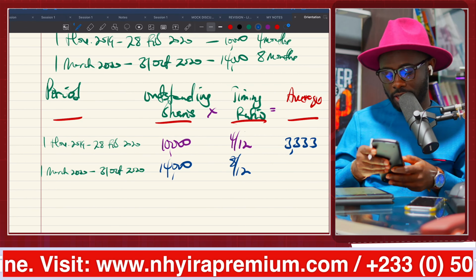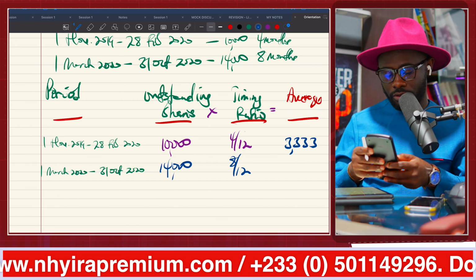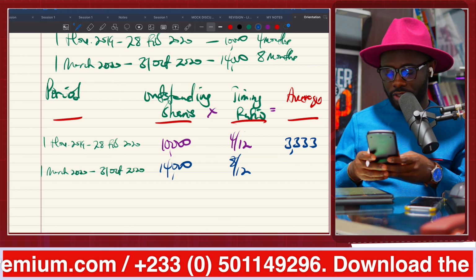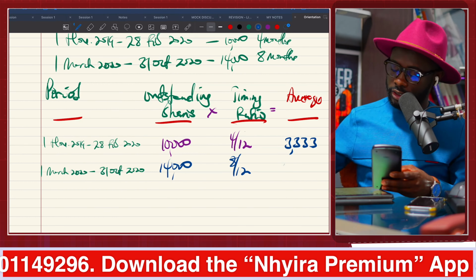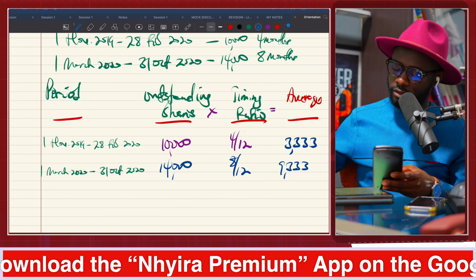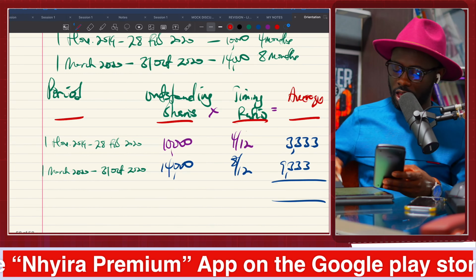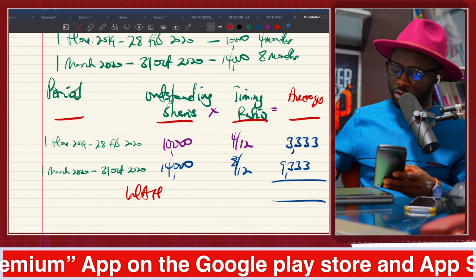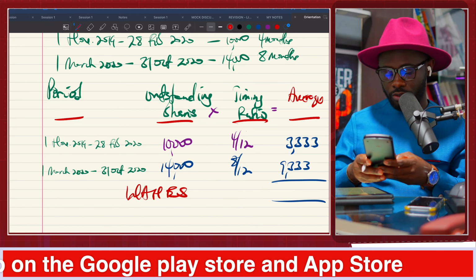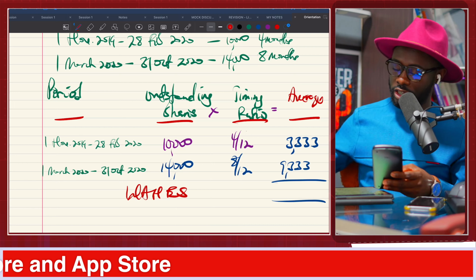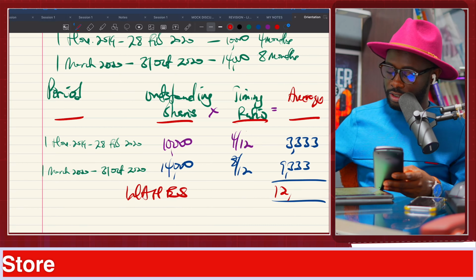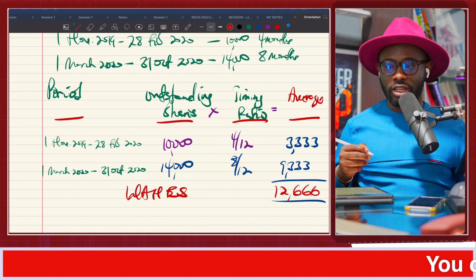All right, then the next one, 8 divided by 12 times 14,000, and that is 9,333. And so that gives us our weighted average number of equity shares. So 3,333 plus 9,333 gives us 12,666 shares.